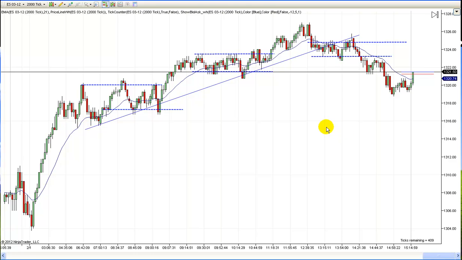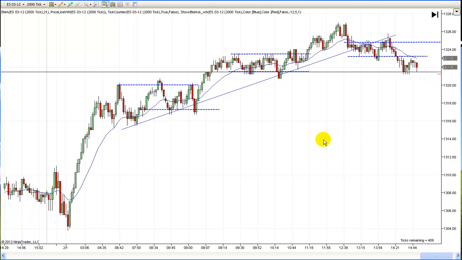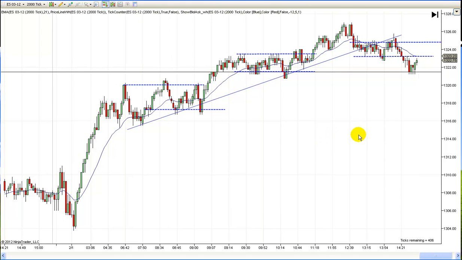So just keep that in mind. And like I said, nothing's written in stone, so the next time it doesn't work, it doesn't mean you did anything wrong. It just means markets never do anything 100%.